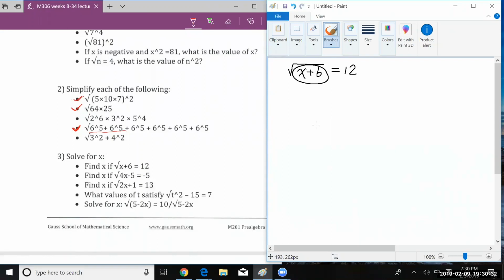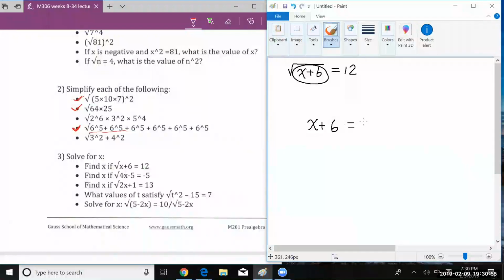If I look at it as one item, basically I want to know what number has a square root of 12. It's 144. You do 144 minus 6. Yeah, very good. So look at x plus 6 as a whole item.